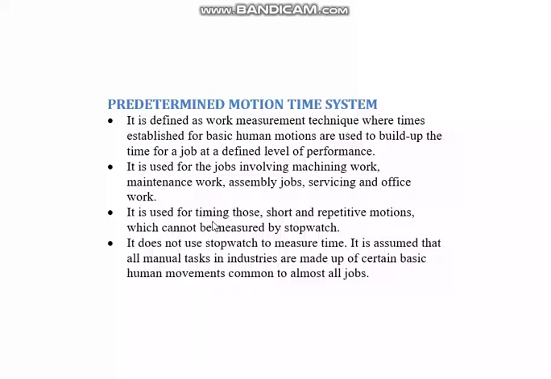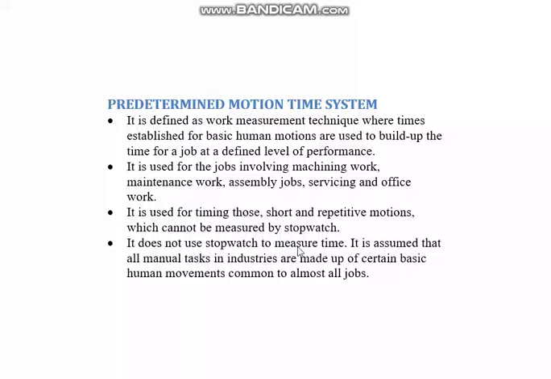It is used for timing those short and repetitive motions which cannot be measured by a stopwatch. If it is a short duration motion or repetitive motion, PMTS can be used. If it is not possible to measure them by stopwatch, PMTS can be used.